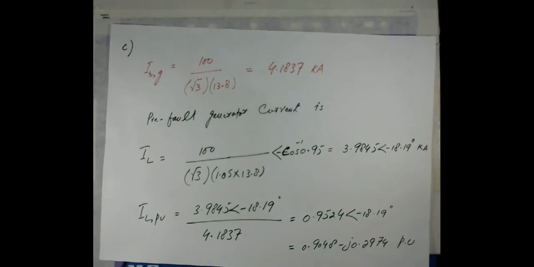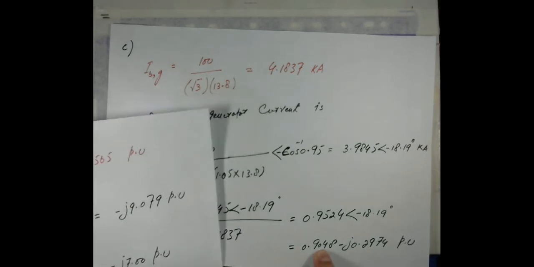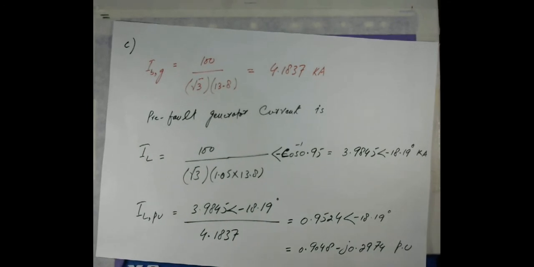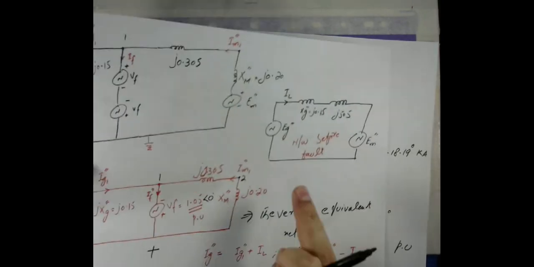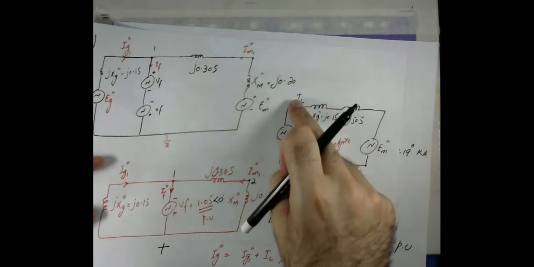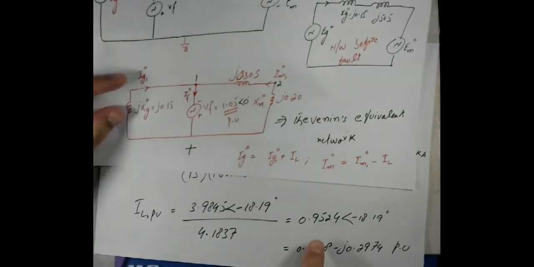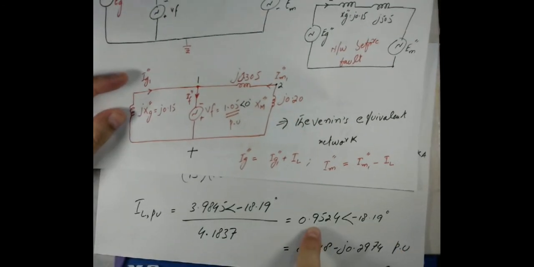So now let me compare the value that was obtained during the fault. That current, if one now compares this value, which is the load current, for the case when there was no fault, the network before the fault, we calculated this value, and this value appears to be having a magnitude of 0.95.